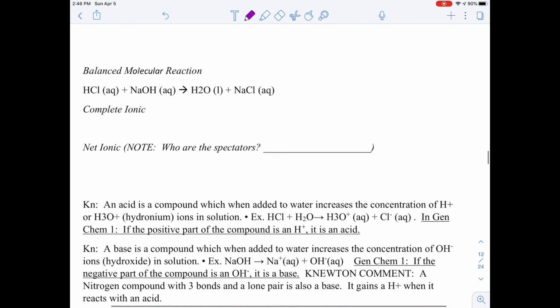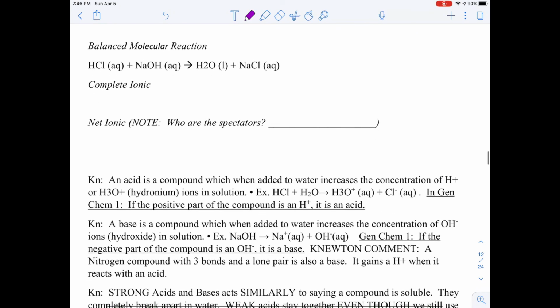And thank goodness this is our very last one. And this one also would say that HCl and NaOH are strong and that they split apart. So split, split. This stays stuck together, split.